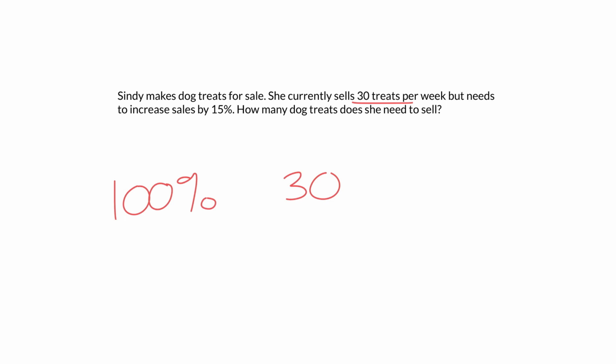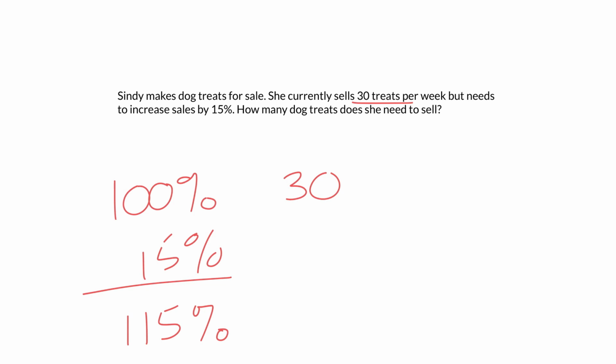So if we are trying to increase that amount, then that means we are trying to increase the amount that she's selling by 15% to get 115% of her original. There's two different ways that we can do this type of problem. The first way is to just find 15% of the 30.